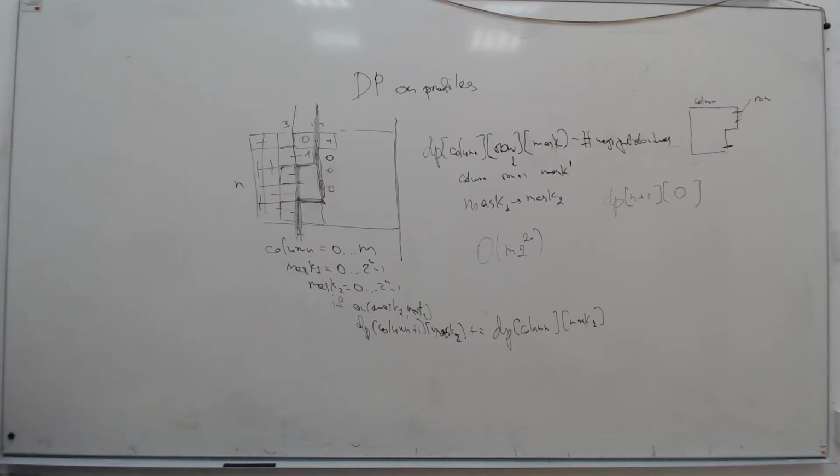So what will be the complexity of the algorithm? We have only a constant number of transitions from one state to another state. So what will be the complexity then?